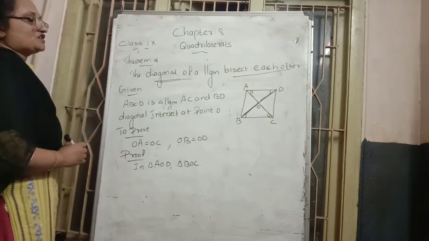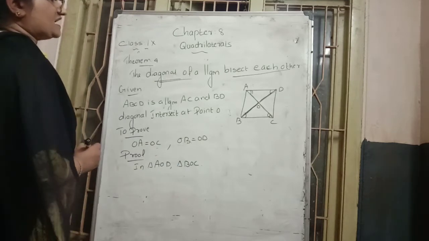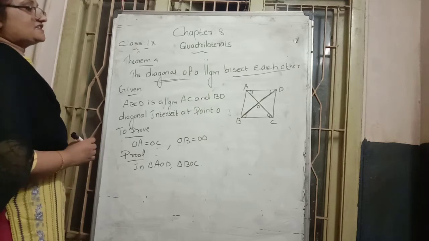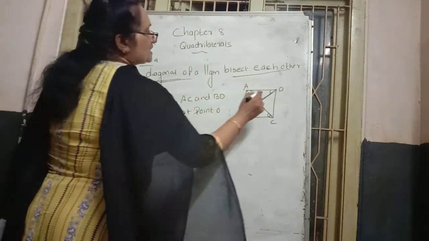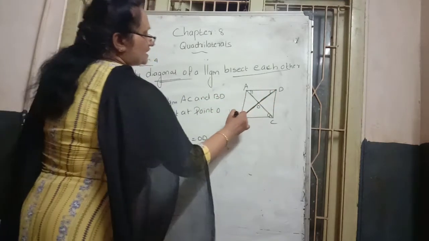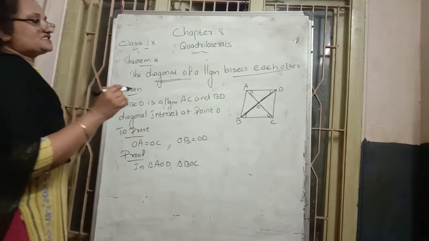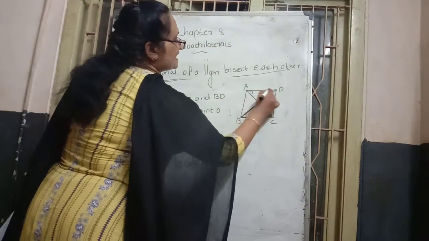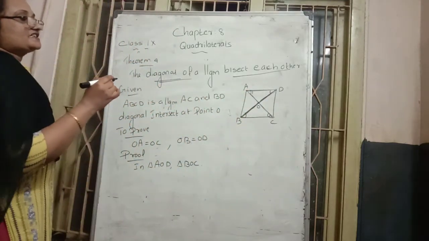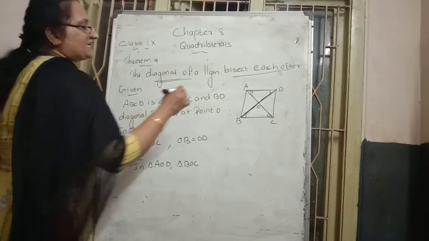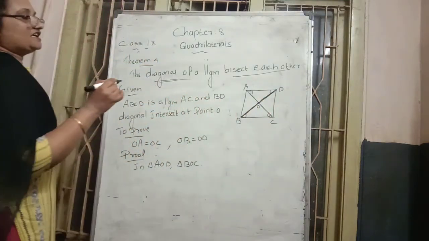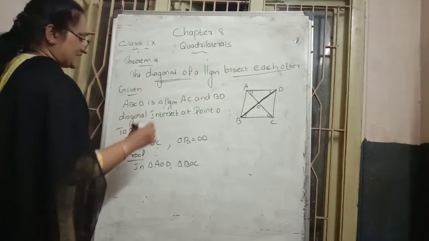With respect to AOD and BOC, what can we say? In a parallelogram, opposite sides are equal. The first pair is BC and AD, the opposite sides. They are parallel and cut by a transversal line BD.